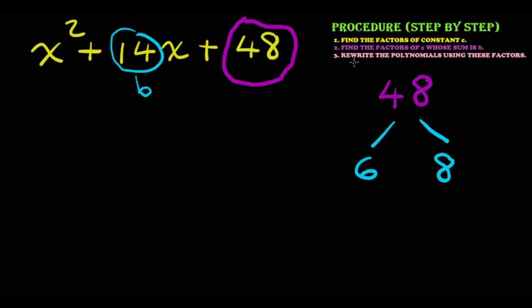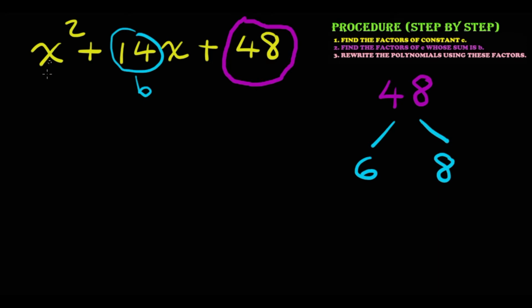And then step 3 is to rewrite the polynomial, using these factors. This is a polynomial. It just happened to be a trinomial, it's just a special name for it. So we have the factors of 6 and 8, and we're going to put them in factor form.